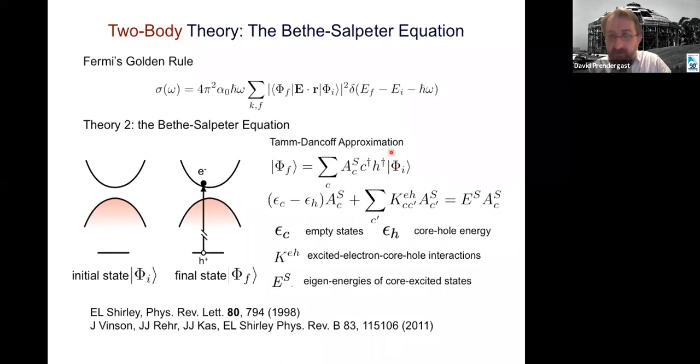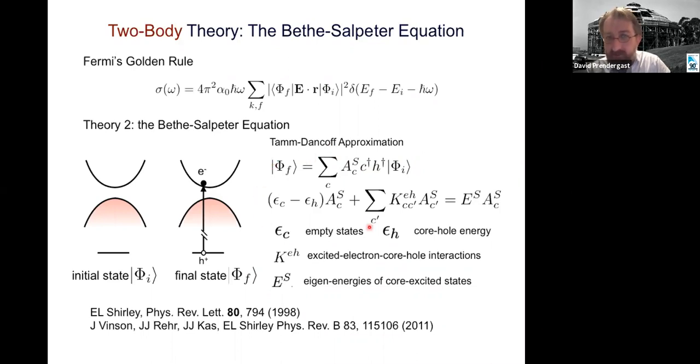So you have your ground state many-body state made up of multiple electrons, and you end up creating a hole. So sorry for the mixed notation here, that's actually destroying an electron and then creating the excited electron in an available empty state. And then some linear combination of those excitations represents the best approximation to the final state.